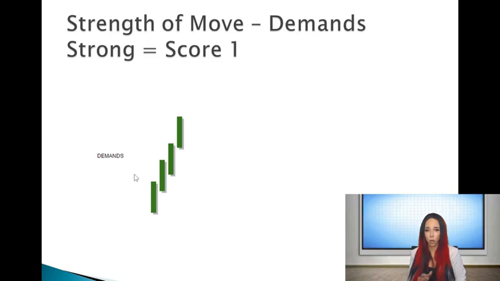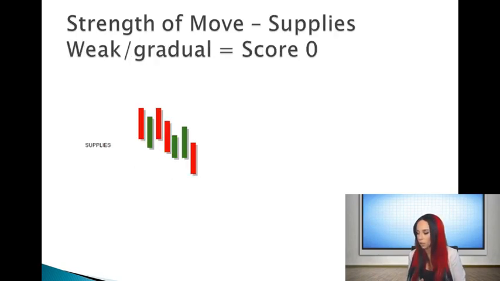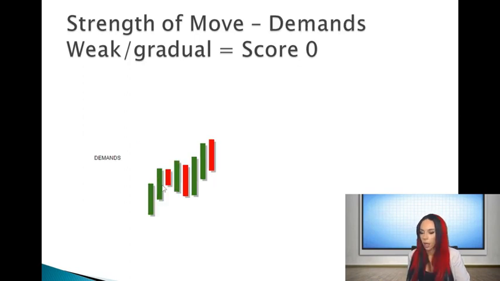Now let's take a look at what weak moves look like. This is a very, very gradual meandering away from the level. Price not really advancing anywhere, just messing around almost in a range. So that's a score of 0. And similar for the demands: lots of stopping, going back, choppiness, up and down, up and down. Unconvincing moves, where even they're not sure which way they're going.